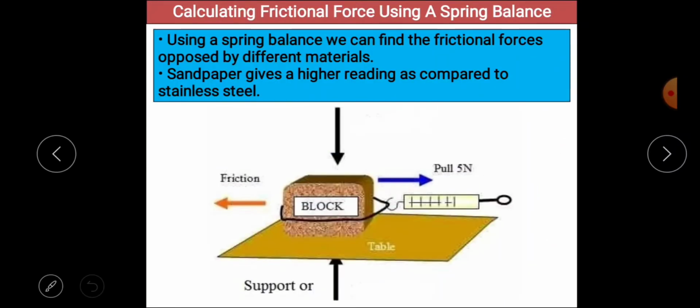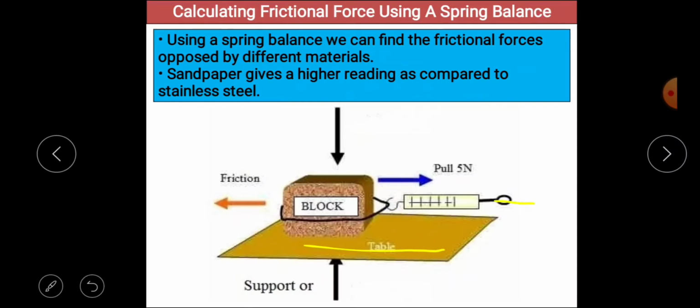So using a spring balance, we can find the frictional forces opposed by different materials. For example, how much frictional force is being applied. Here one example is given. This is a table, and on the table we have put a block of wood, or a block of cement, or it can be anything. Then we tie a rope around it and hook it on the hook of the spring balance.